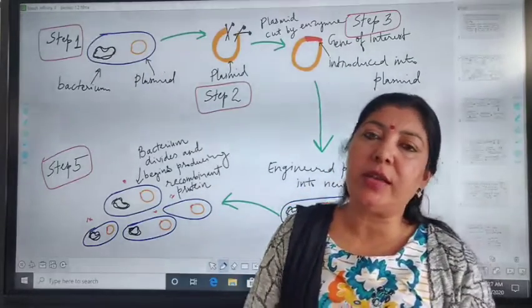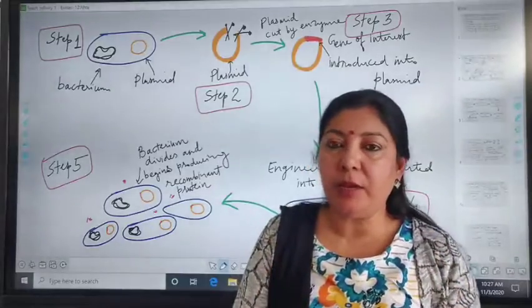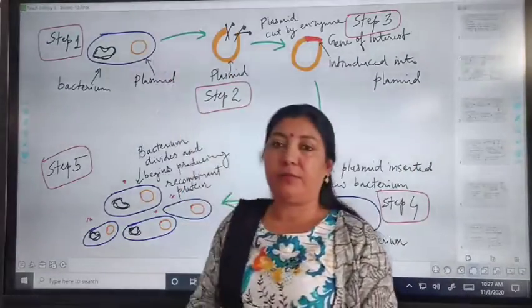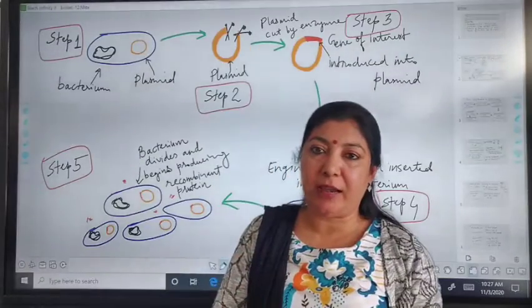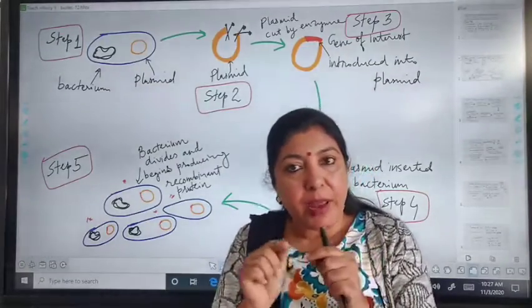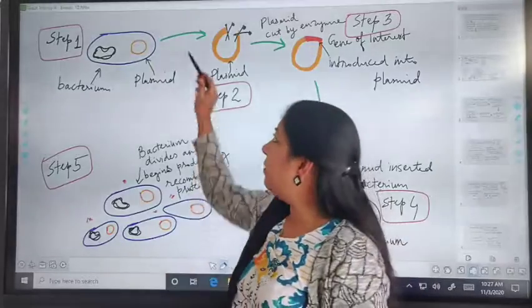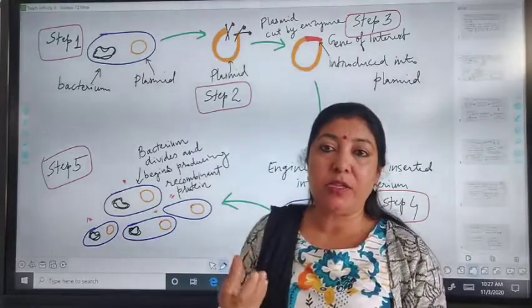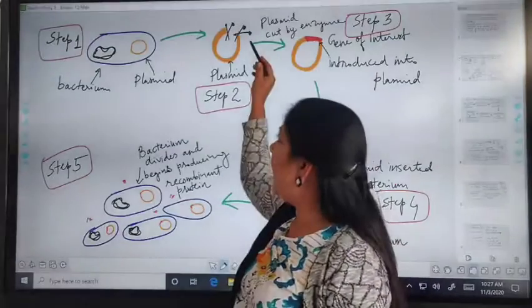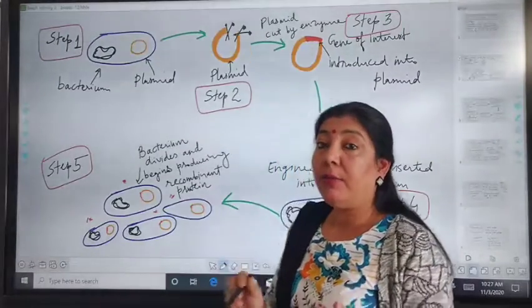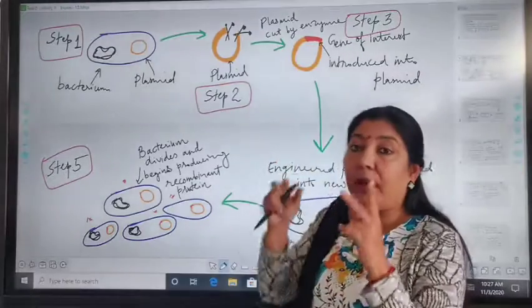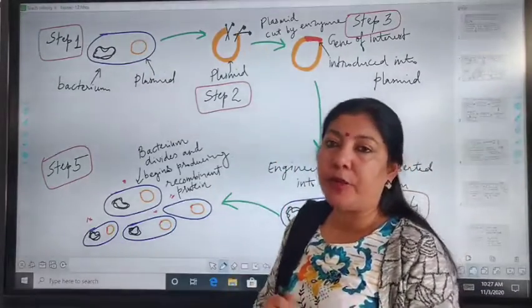Generally, the cloning vector taken are the bacterium having plasmids. These plasmids are extra chromosomal DNA, and the manipulation is actually done in this plasmid. So this plasmid is taken out, which is a cloning vector, and this plasmid is subjected to cutting at a specific point.